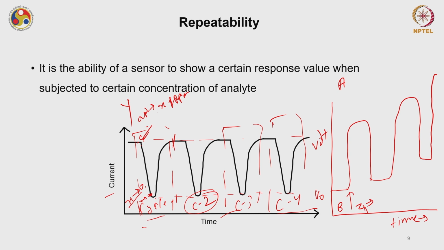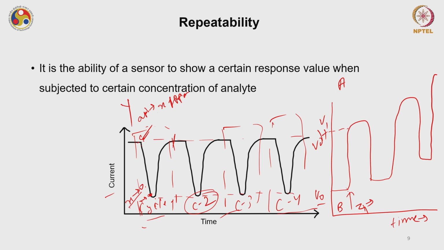This is a device where I am giving a constant current bias, and the voltage change is being measured. Say this is V naught. When I expose it to concentration Z1, this V naught increases to V1.